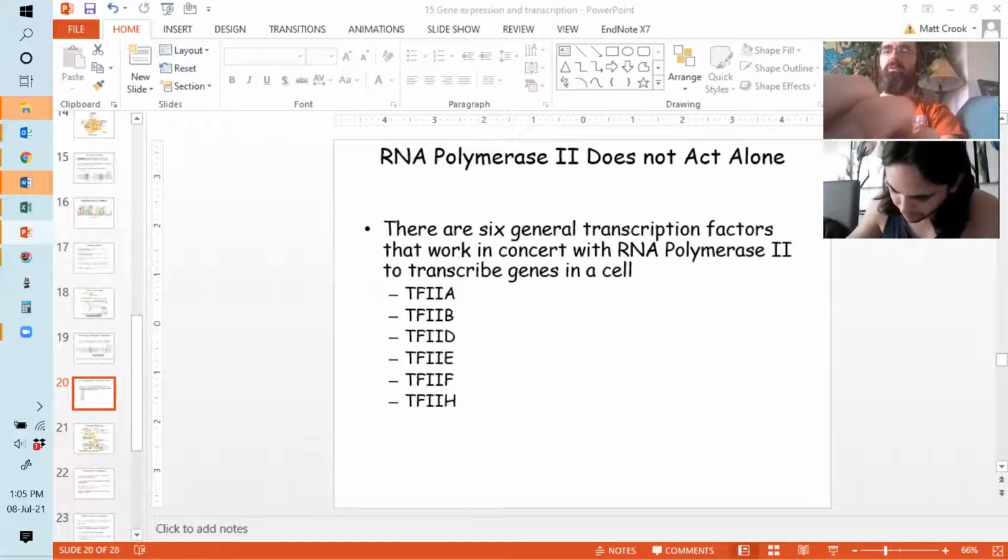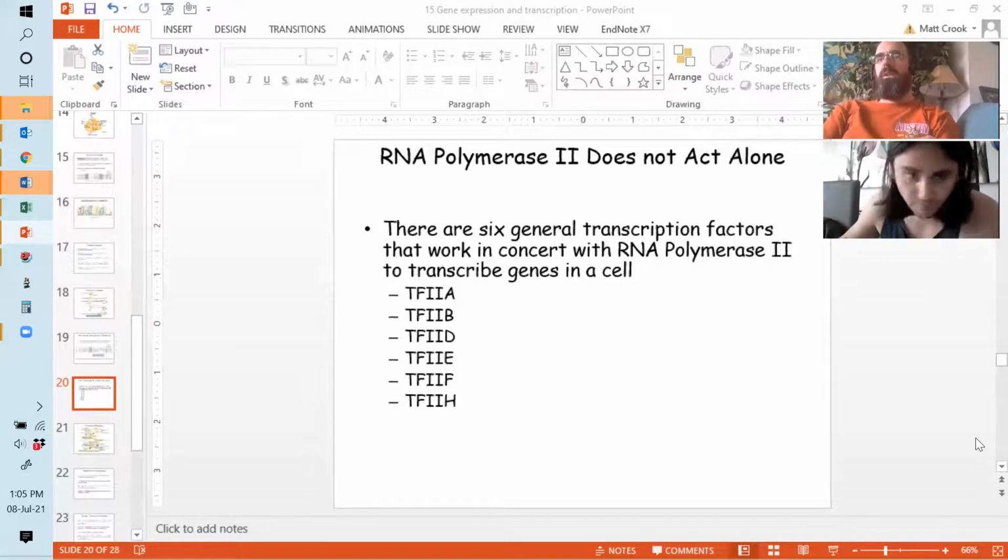And those are responsible for transcription of a set of genes. For example, all those involved in heat shock response. And we'll get into more of that when we talk about control of gene expression in the next session. So these are all transcription factor 2, A, B, and D, E, F, and H.